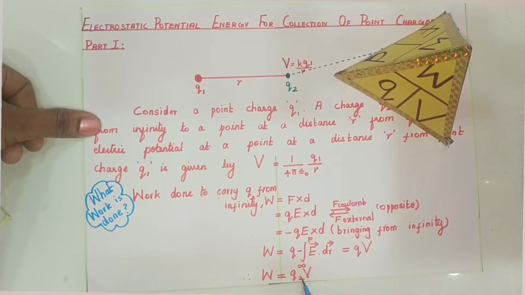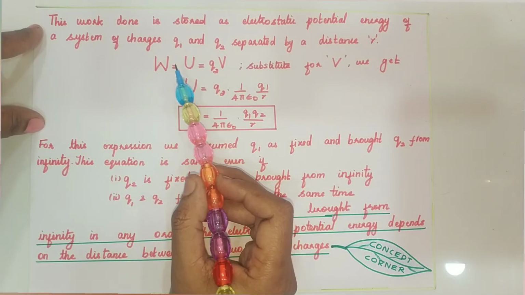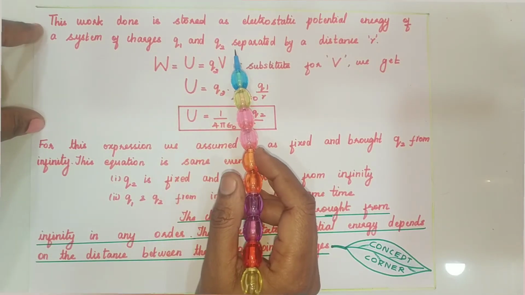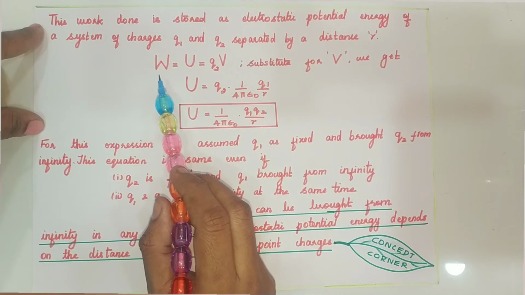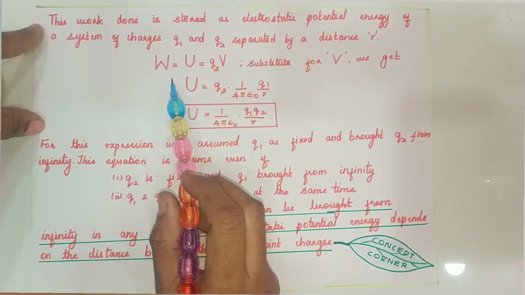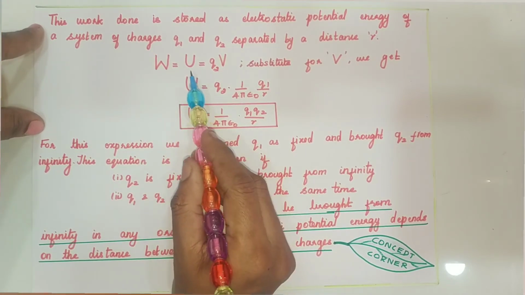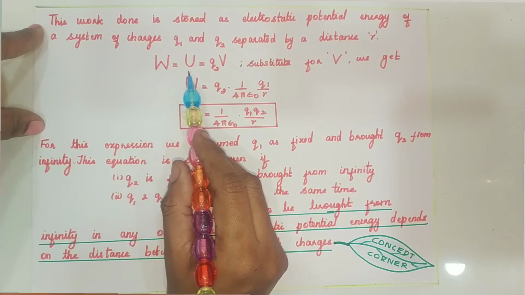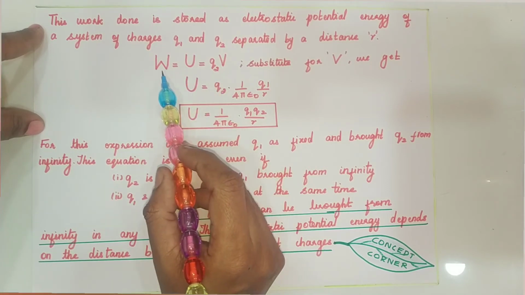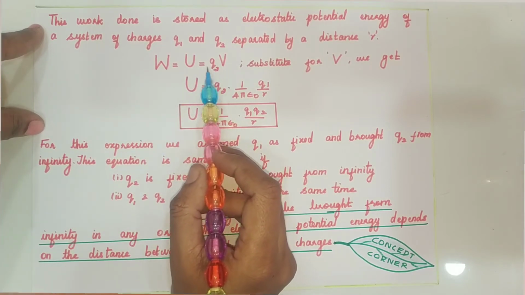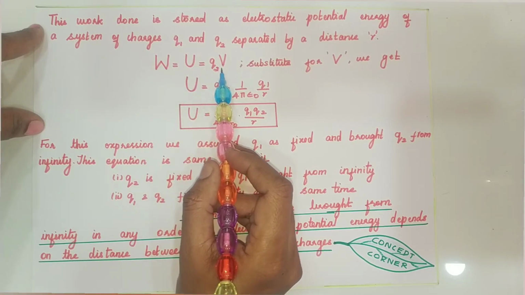Here we are carrying the charge Q2. So, I write it as W is equal to Q2 V. This work done is nothing but the potential energy stored in the system. And so the work done W can be given as the potential energy U. W is equal to U and we know W is equal to Q2V and so U is also equal to Q2V.